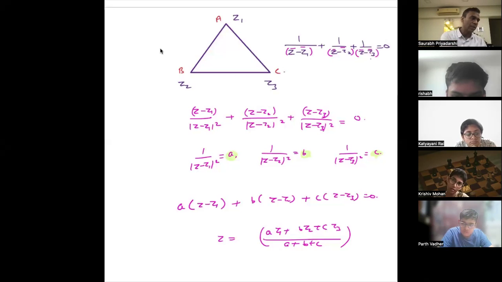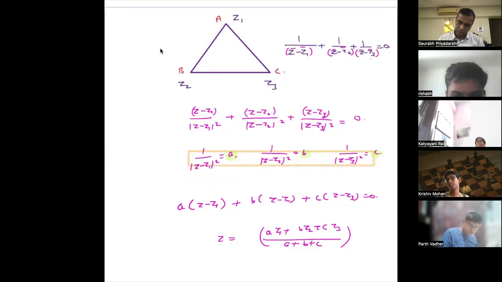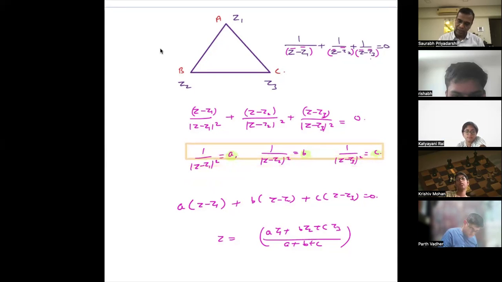Now, inside means, if you see these a, b, c, all are positive, right? So the division will always be a positive division.